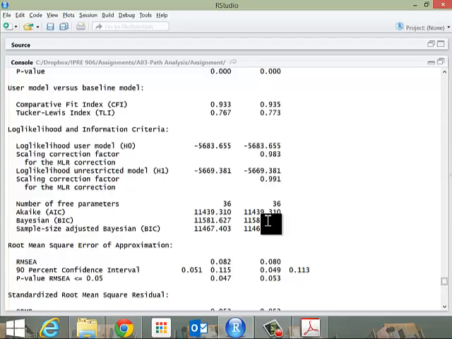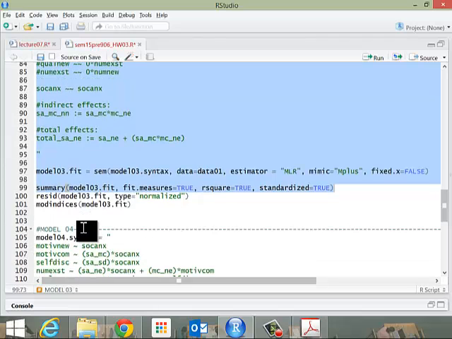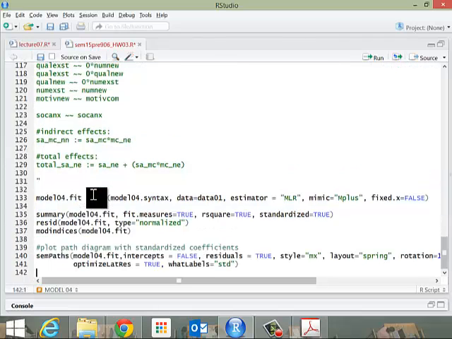Because if you don't, sometimes software will be trying to be nice and add them in for you. The way this works in lavaan is that what it's adding for you is the... let's see if I can get a picture of the path diagram here.